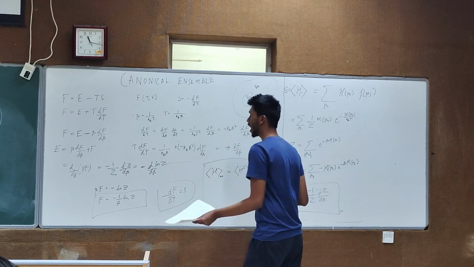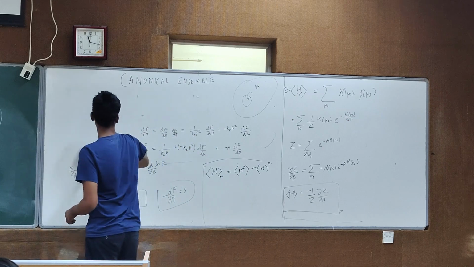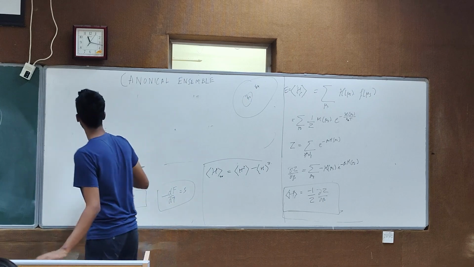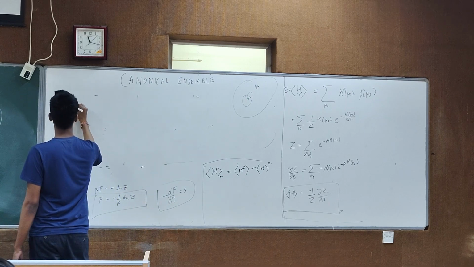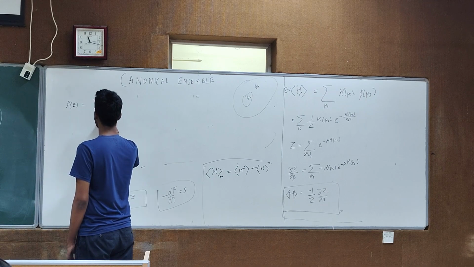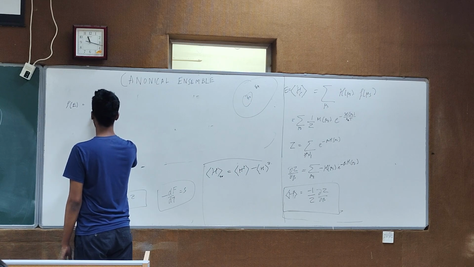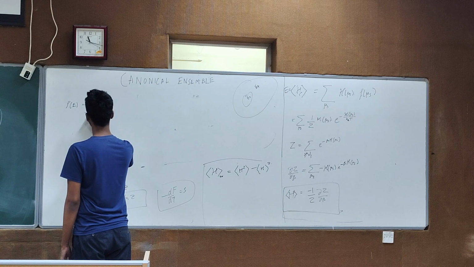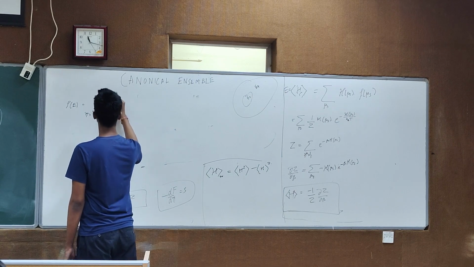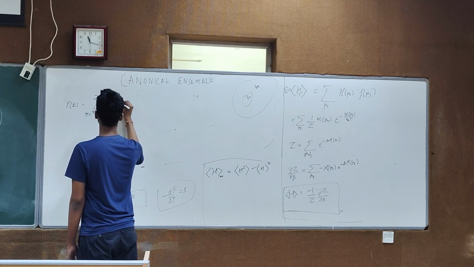Okay, I should also say one more thing. What is the probability distribution of the energy? Rho of E: you sum over all the microstates mu s such that H of mu s equals E, of rho of mu s.